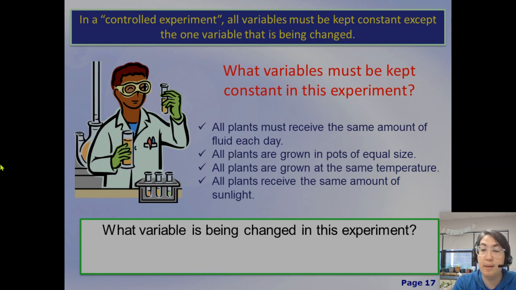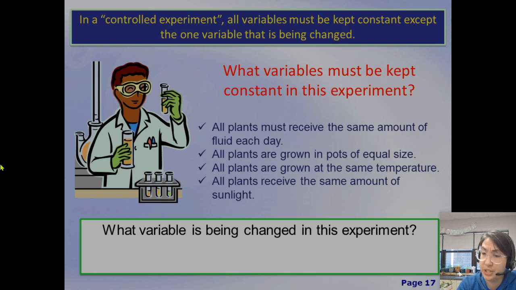We don't want the amount of fluid or the size of the pot or the air temperature or the amount of light to be things that affect how my plants grow, because then I won't know if my fertilizer makes any difference, right? So those are my constants or my controls: fluid, pot size, temperature, sunlight.